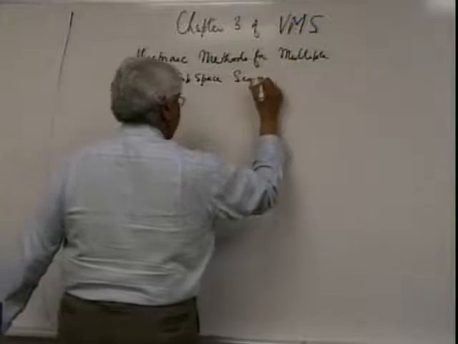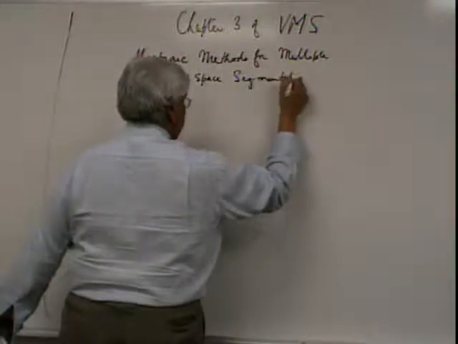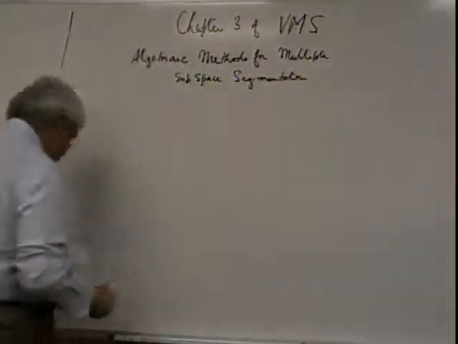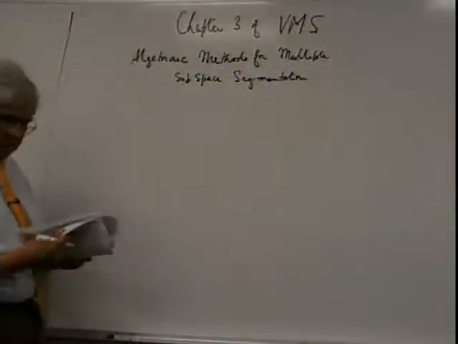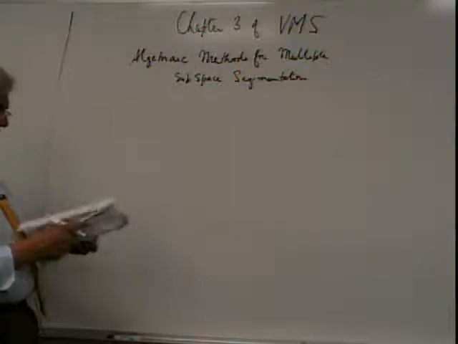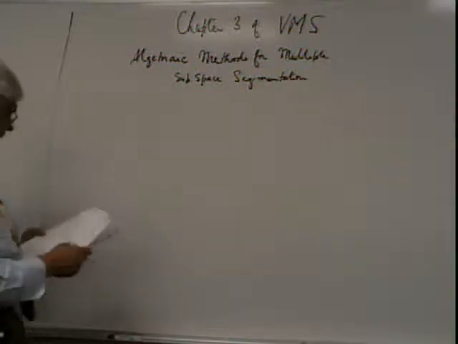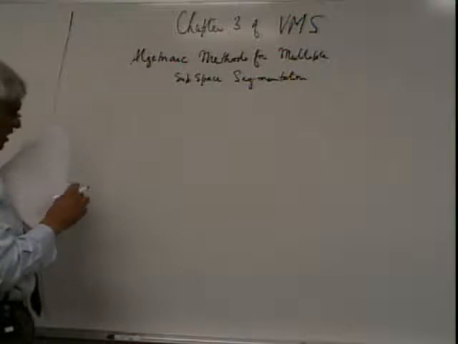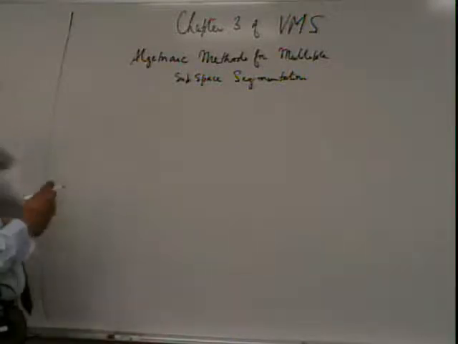Okay, and the general plan in this chapter is to try to give at least an algebraic solution to the problem of segmenting points. So let's just a few definitions and then we'll get started.